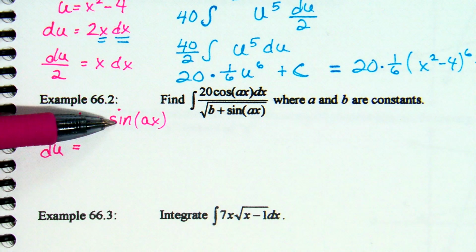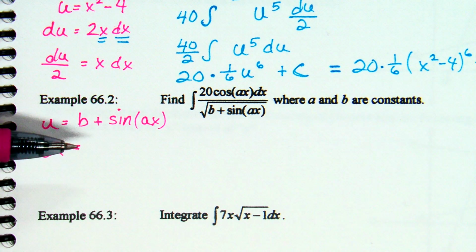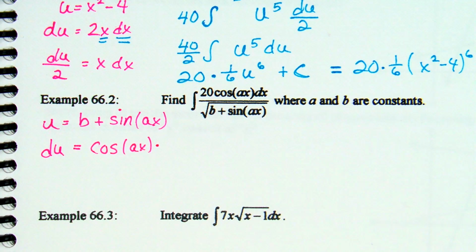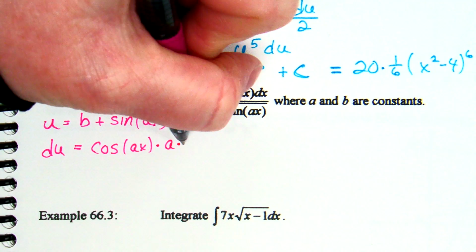Derivative of sine of ax. The derivative of sine of something is cosine of something. So cosine of ax times the derivative of the something. So what's the derivative of ax? A. And then we're using our differentials here, so times dx.